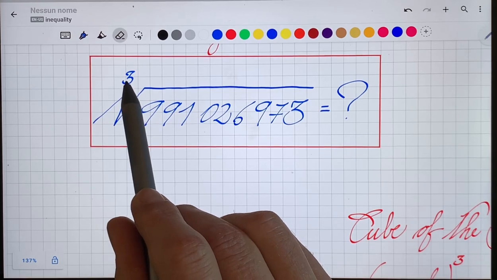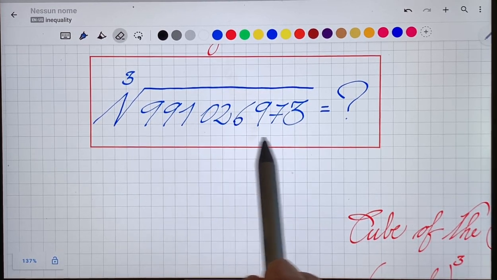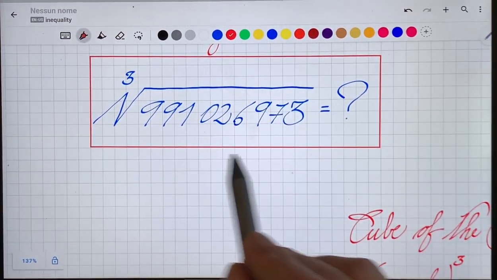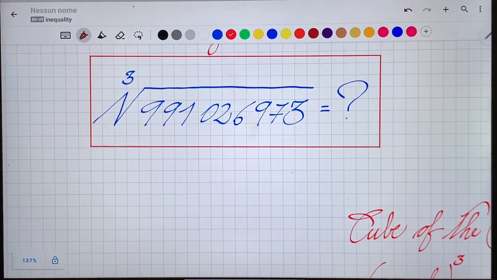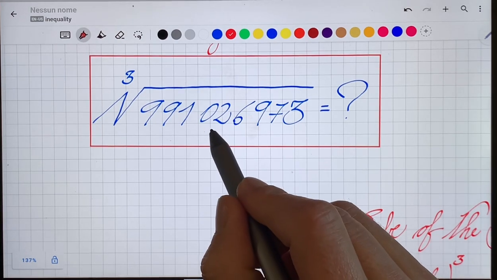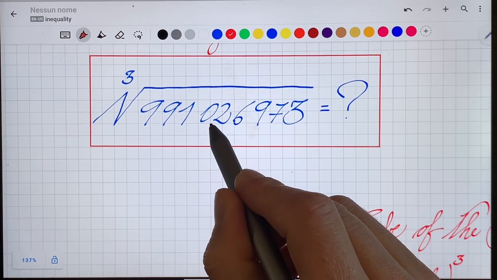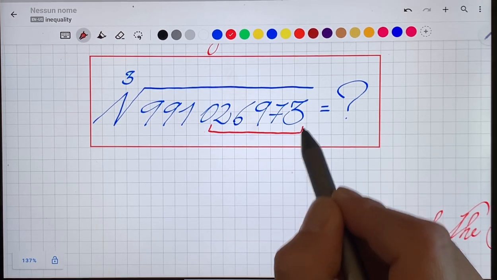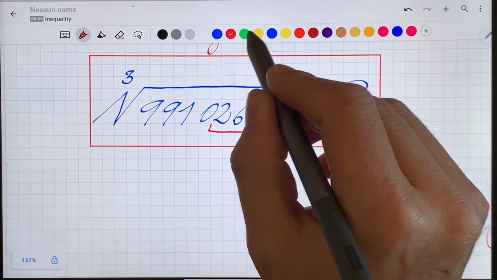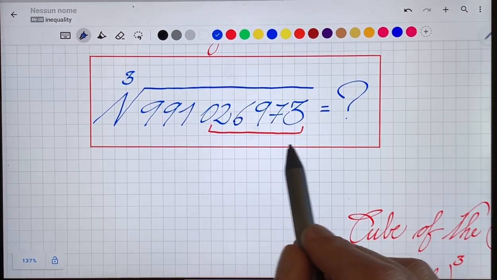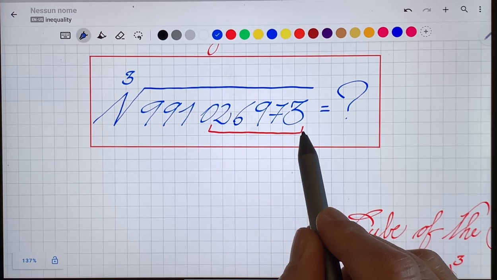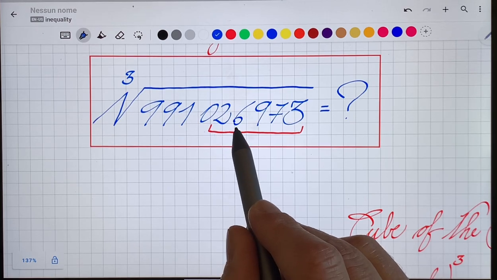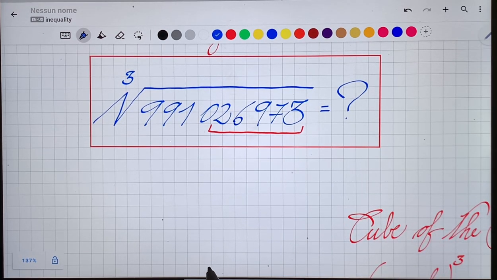I'm not going to write the cube root, I'm just working on the number, and I will transform it into a cube of the binomial. So, I will work on the last 5 digits. I can write this number as 27,000 minus 27.